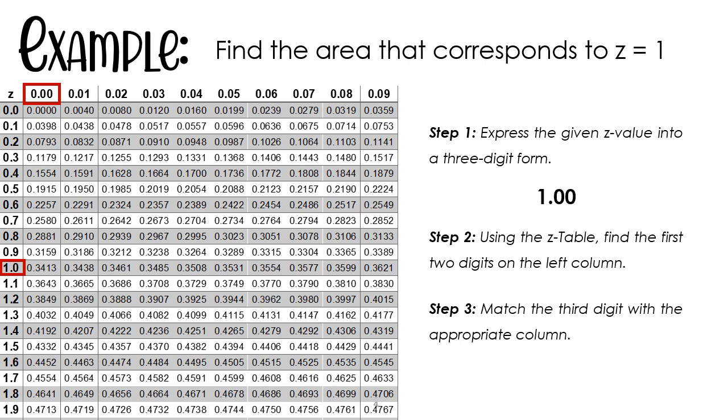Lastly, we just have to find the area, or the probability, at the intersection of the row and the column. Therefore, the area that corresponds to z equal to 1, or the area between 0 and positive 1, is 0.3413, or 34.13%. So that is how we use the table of values, or the z-table, to find the areas that correspond to z-scores.